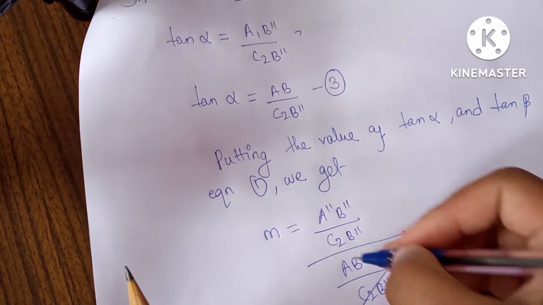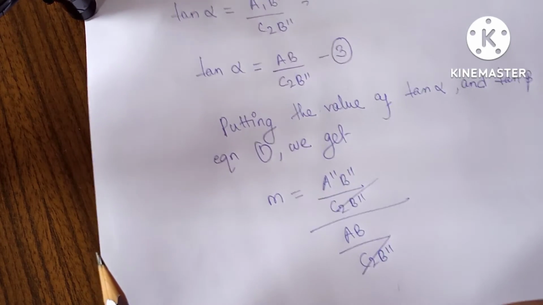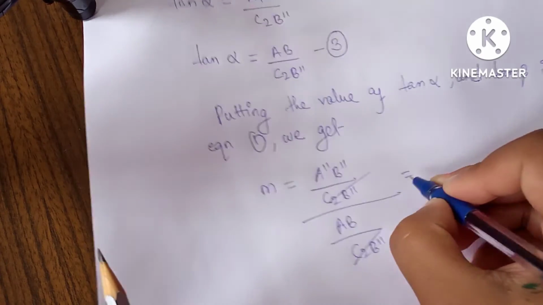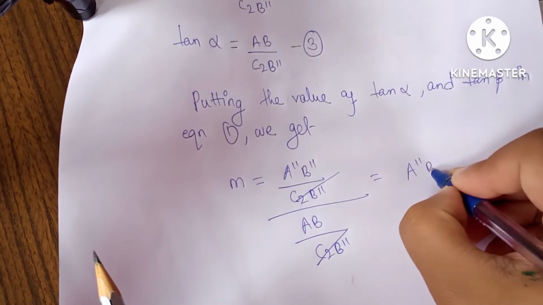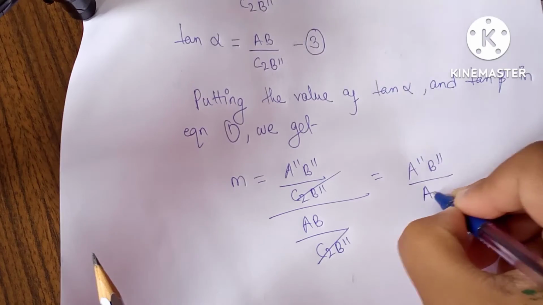So C2 B double dash and C2 B double dash get cancelled, and the magnification becomes A double dash B double dash divided by AB.